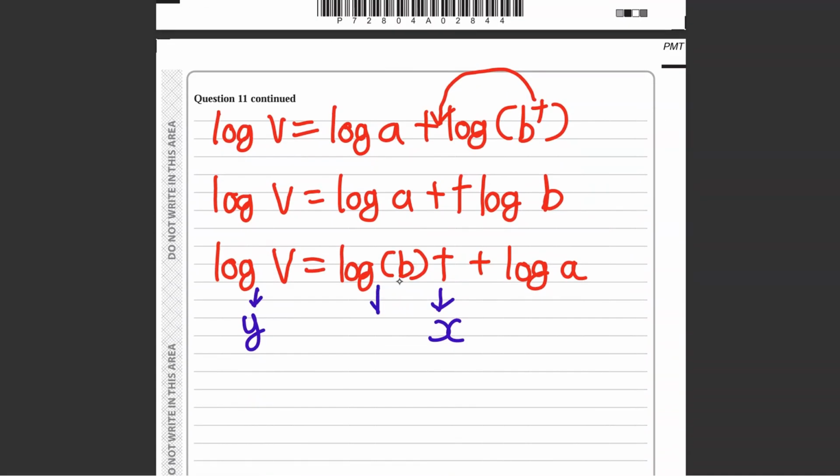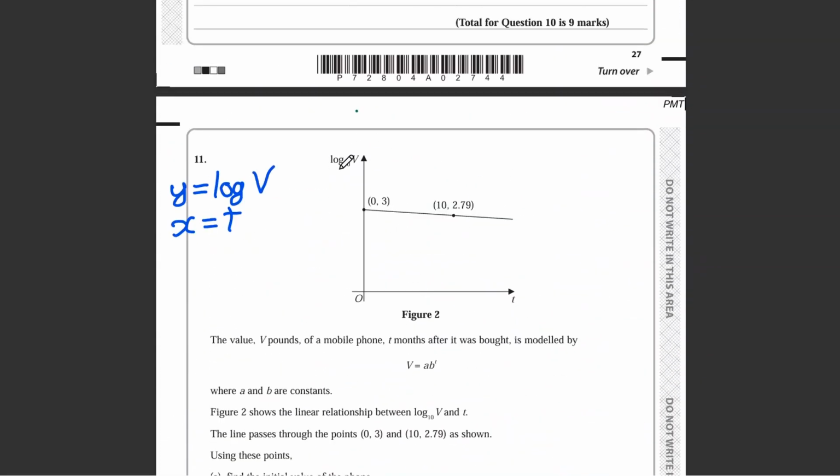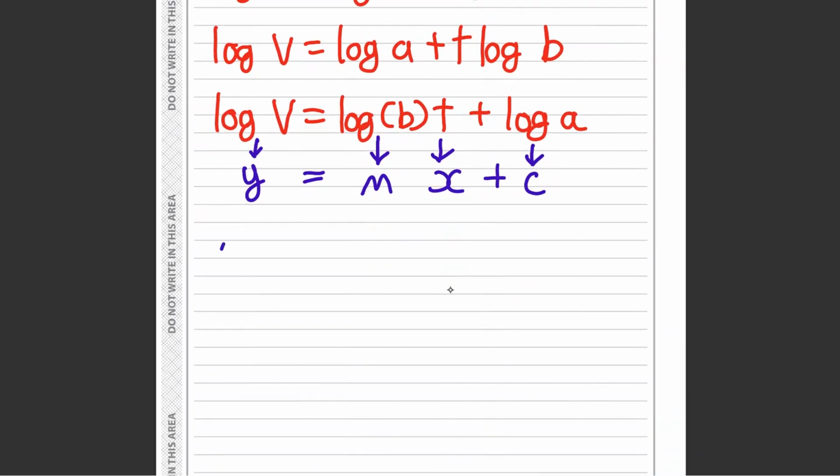This here is the gradient m, and then plus log a, again a is a constant, so log a is also going to be a constant. This here is going to be the y-intercept, so this is in the form y is equal to mx plus c, where y is log v, x is t, and this is what it's like on this graph here. m is equal to log b, and c is equal to log a.